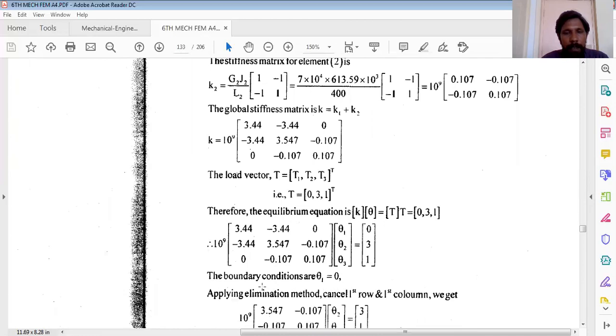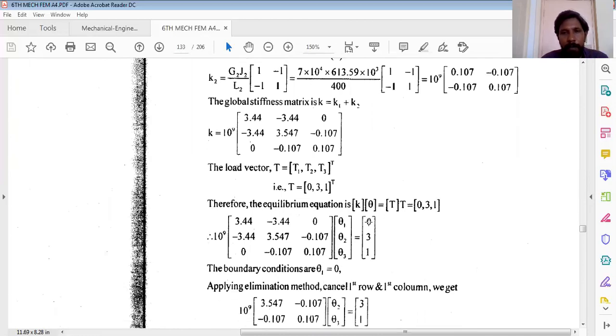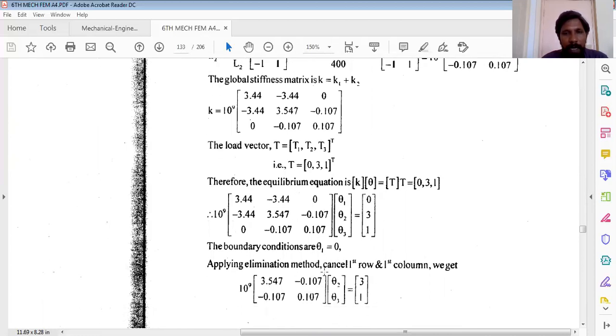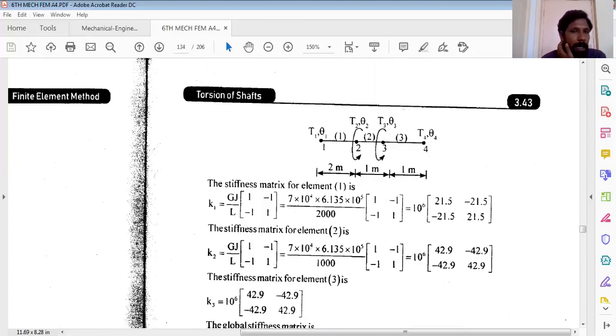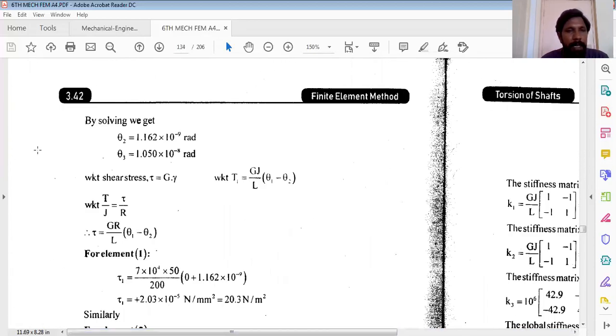As theta 1 is 0, of course, as it is completely fixed, we eliminate the corresponding row and column. The remaining matrix is written here after elimination, and after solving, we get theta 2 as 1.162 into 10 power minus 9 radian and theta 3 as 1.050 into 10 power minus 8 radian.